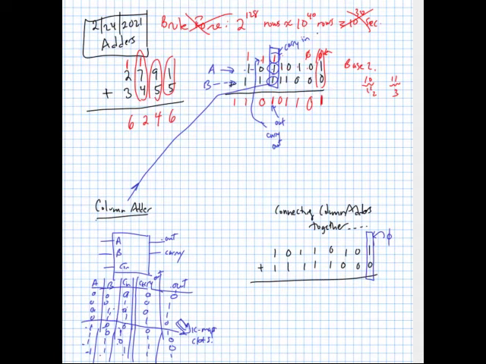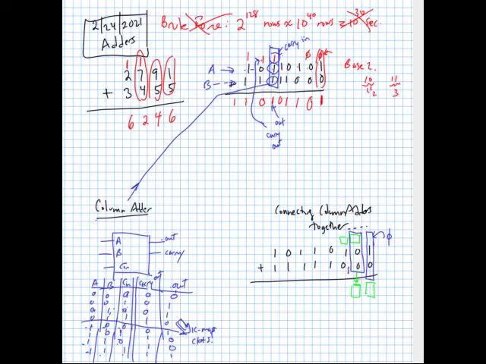The output of the first column, I'll put in a different color. I'll put it in yellow. Here's the output of the first column. Here's the carry out for the first column. And then here's the column adder for the second column. Here's the output of the second column. Here's the carry out of the second column.